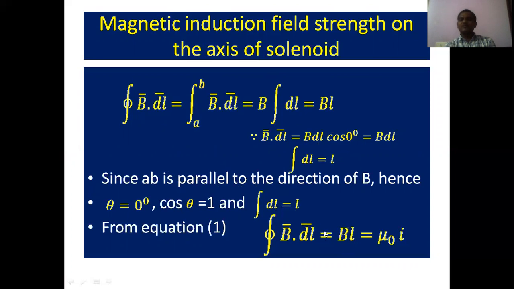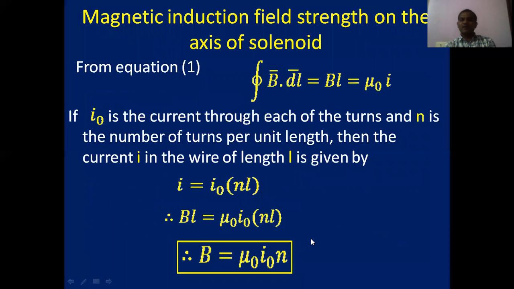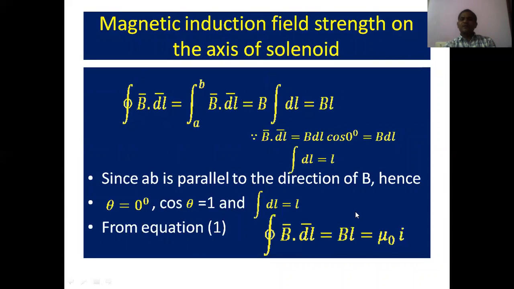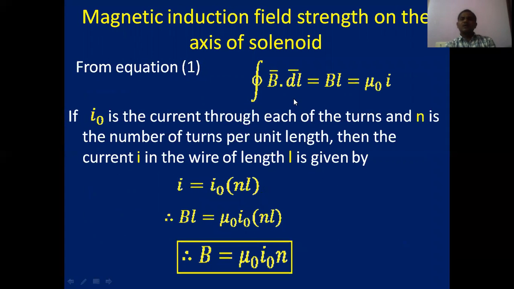But according to Ampere's circuital law, the closed integral of B bar dot dl bar should equal mu naught I. So we equate BL to mu naught I. Now, BL equals mu naught times I.